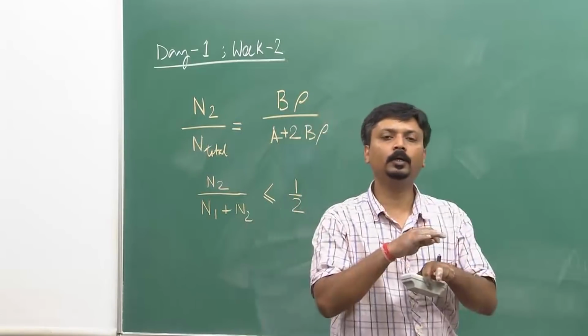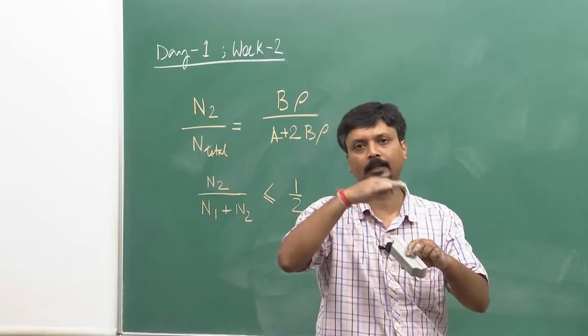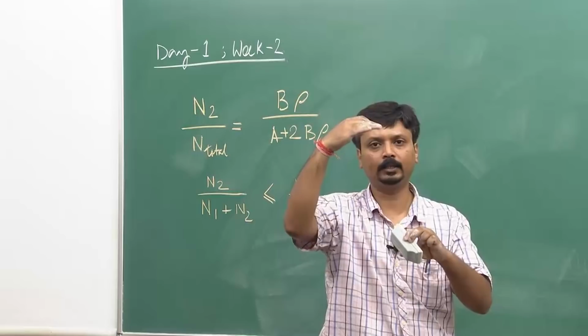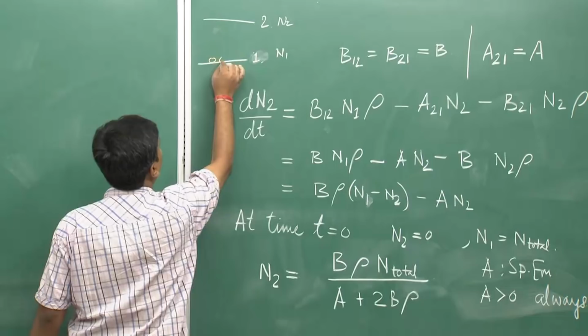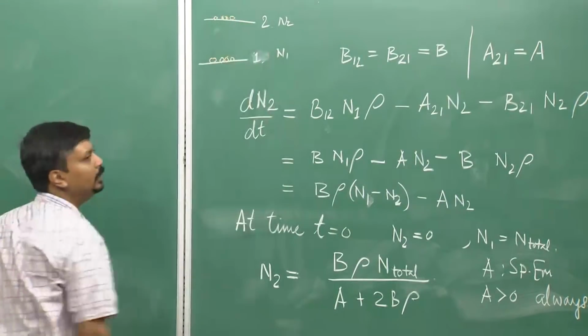We drew these two levels and we started exciting it, and we got to a condition when we had a saturated condition, right. So, we had a condition like here, 4 atoms here, 4 atoms here, and we call that saturated.